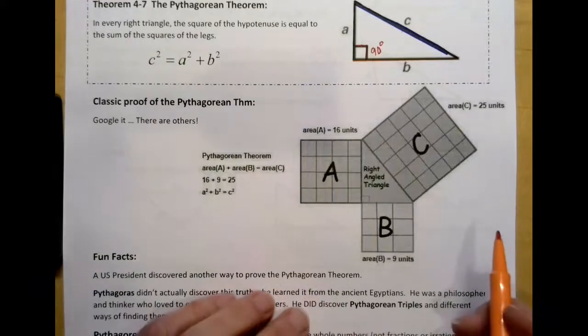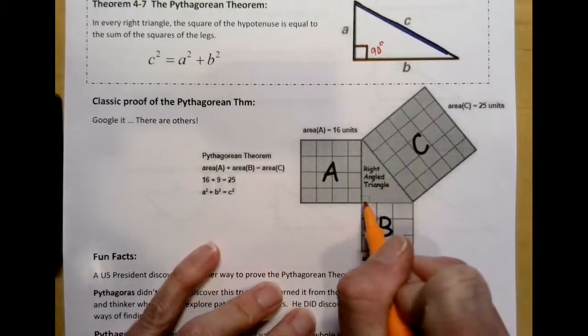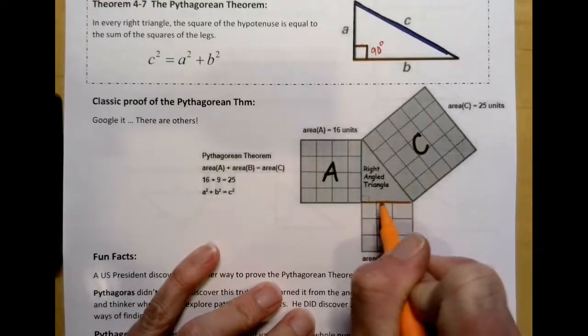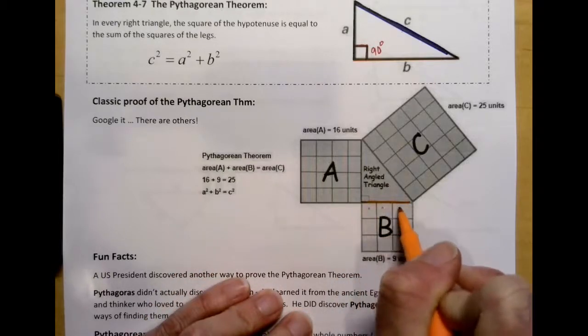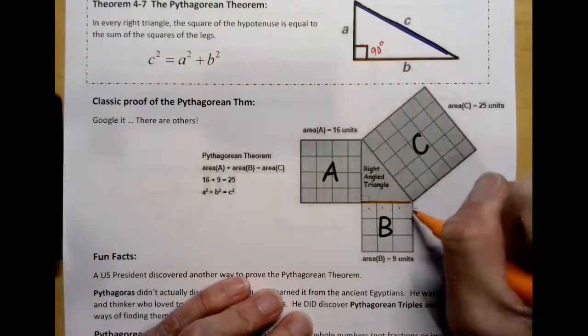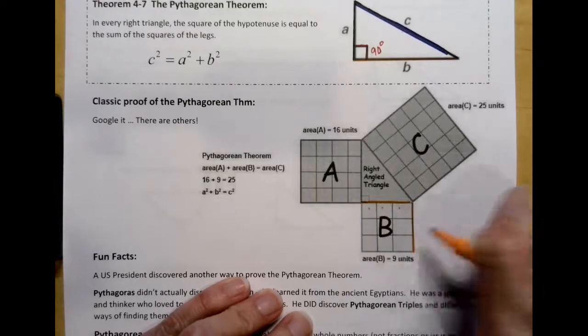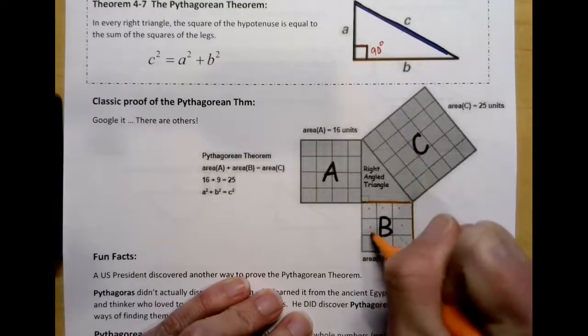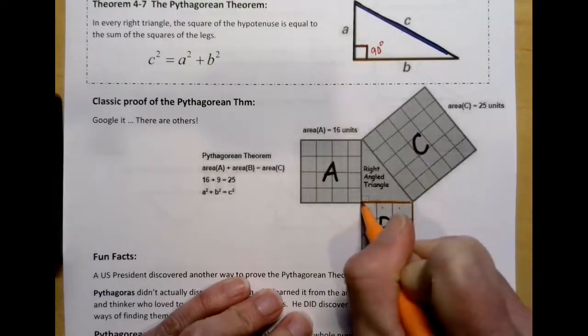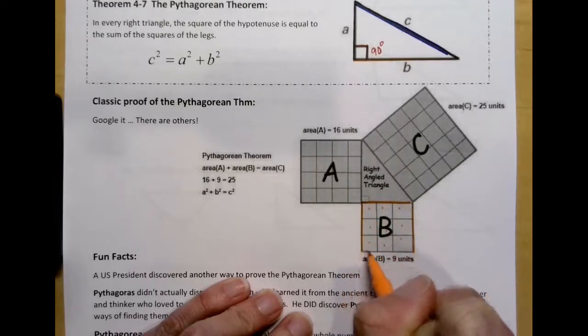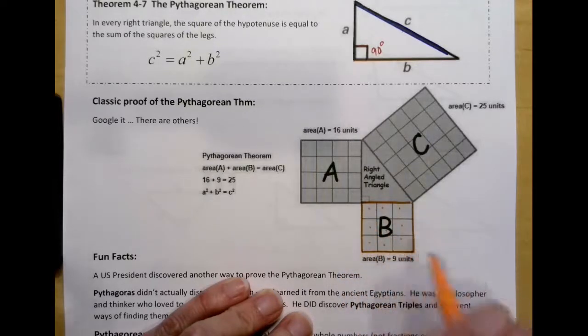So if I have side B here, I can say that this has a length of 1, 2, 3 units. If I were to square this, I know that 3 squared is equal to 9. So this area here, 3 times 3, is equal to 9.